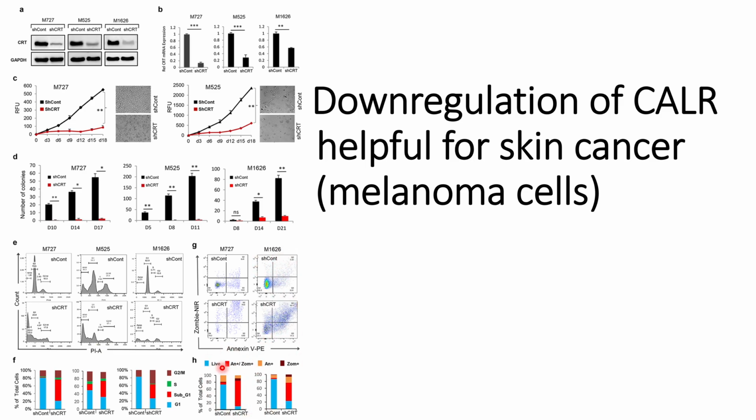And panel H is the quantification of what is shown in panel G. We can see that the live cells go down from the control to the case in which calreticulum is downregulated for both the cases. So this shows that downregulation of calreticulum in the melanoma cells, or the skin cancer affected melanoma cells, will trigger apoptotic condition in those cells, thus preventing the metastasis or reducing the cancerous cells.